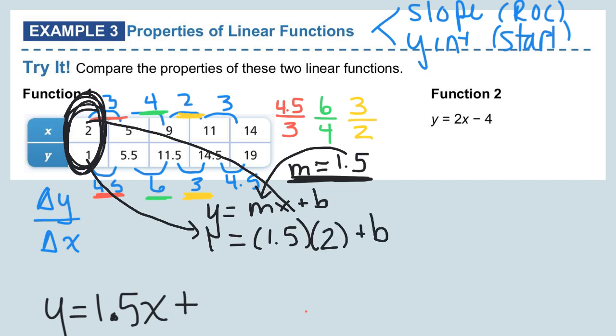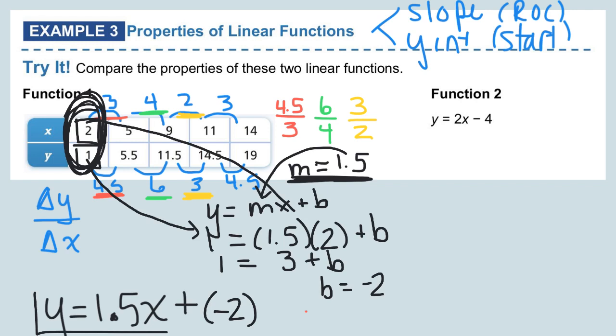I just put 1 where the y sits and I put a 2 where the x sits. 1 equals 1.5 times 2, which is 3. 3 plus what number is 1? Well, that number is -2. Now that is called point slope form, and we're going to do that lots and lots of times. So I don't want you to freak out if you did not follow that just now.